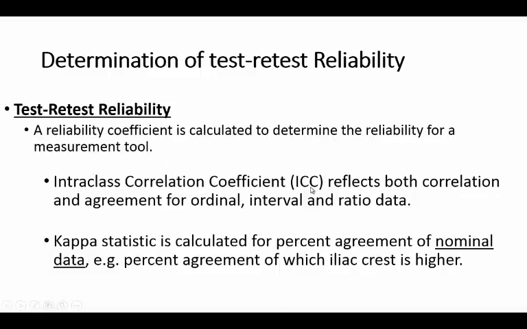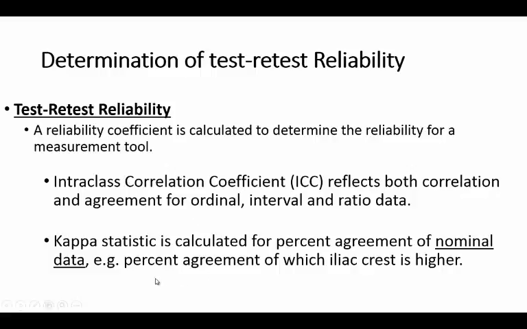The ICCs range from 1 to 0. 1 is the best correlation coefficient. It means that this measure is perfect on repeated tests. If it is 0.6, 0.5, 0.4, then it is moderately reliable. If it is below that, then it is really not reliable.